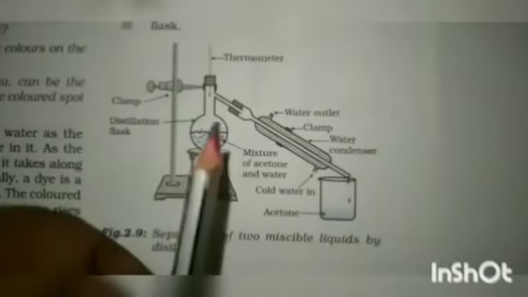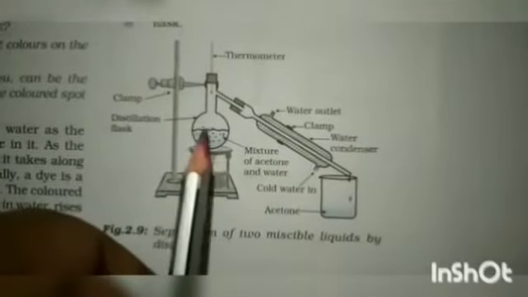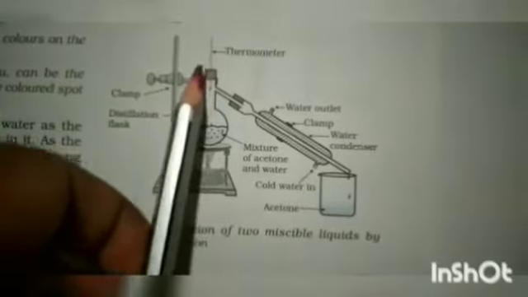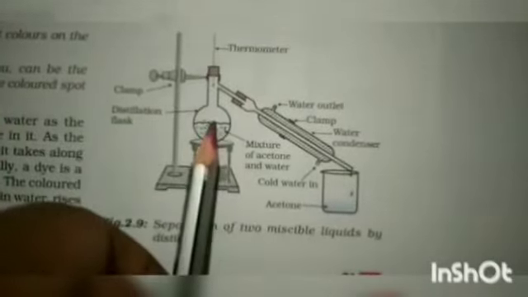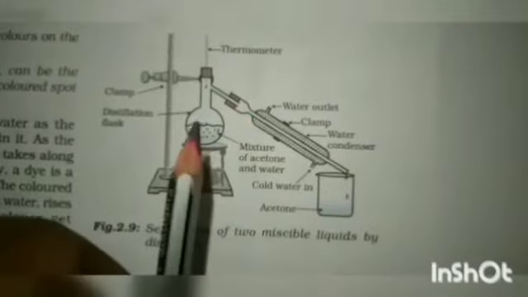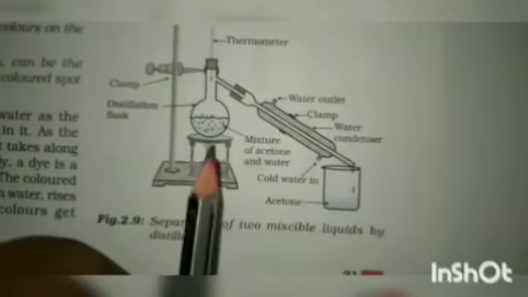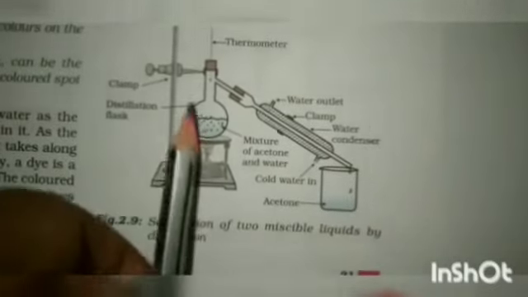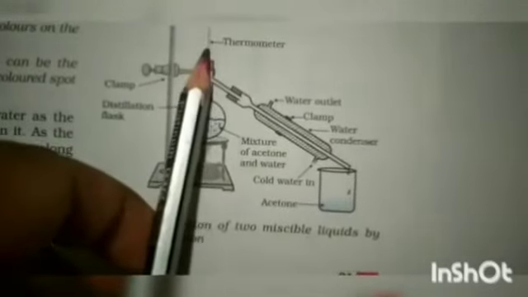First, take a mixture in a distillation flask and fit it with a thermometer, a mixture of acetone and water. We have to arrange the apparatus as shown in this figure. Next, heat this mixture slowly, keeping a close eye on the thermometer.